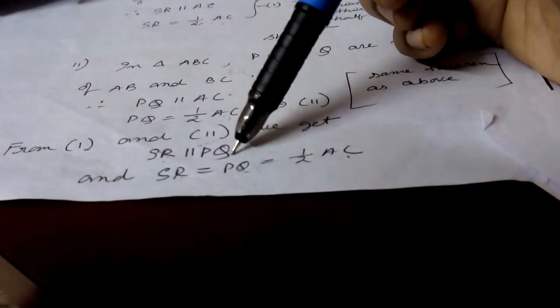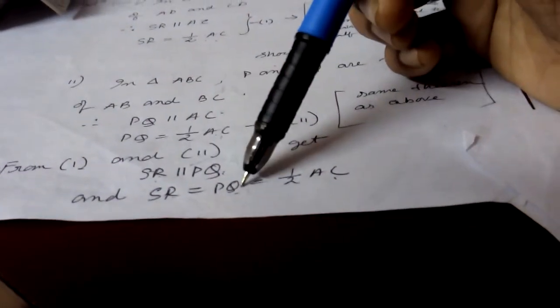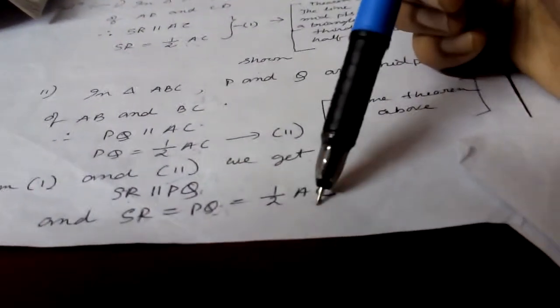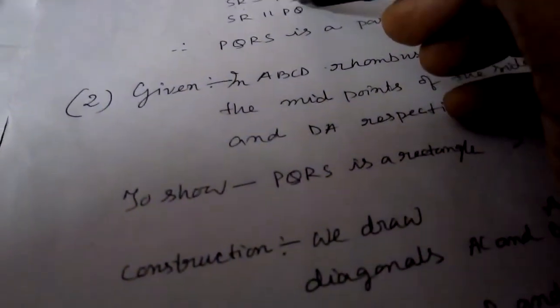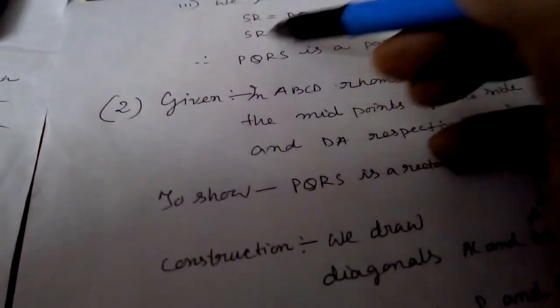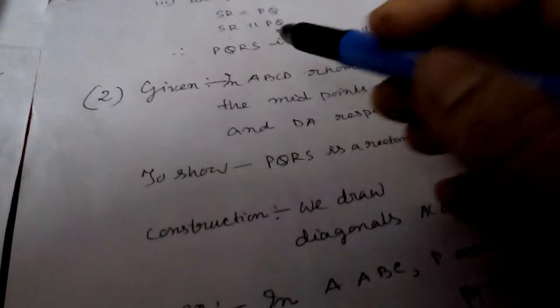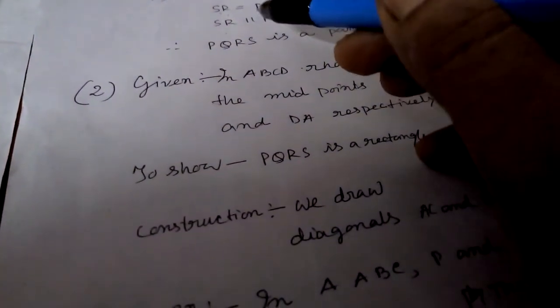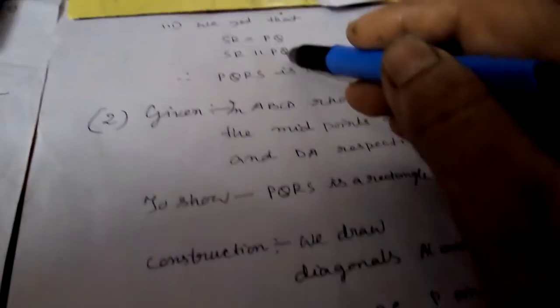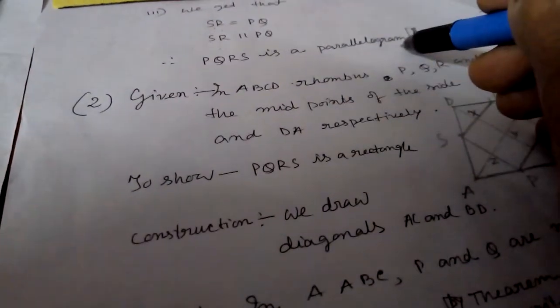So SR is parallel to PQ and SR is equal to PQ, which is half of AC. So if one pair of sides is equal and parallel, PQRS is a parallelogram.